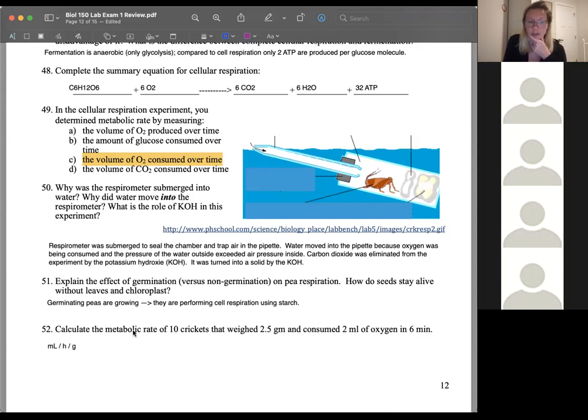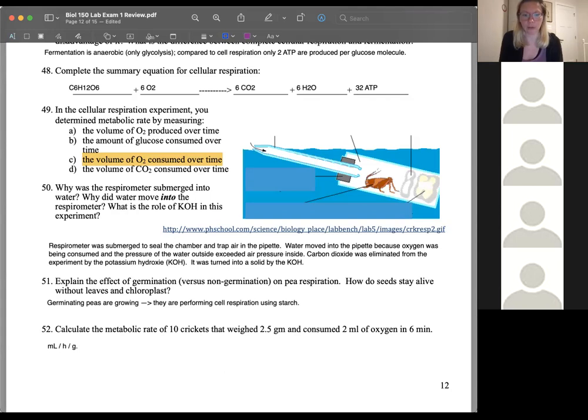Yes, because it's a rate. So we're looking at something over time, but metabolic rate also takes into account the mass of an organism. So we're looking at milliliters of oxygen consumed per hour per gram of weight. Excellent. So if you can remember what the units for metabolic rate are, it kind of leads you into figuring out this equation or this formula.